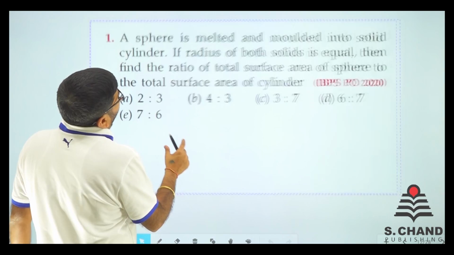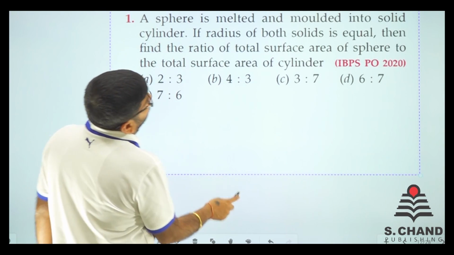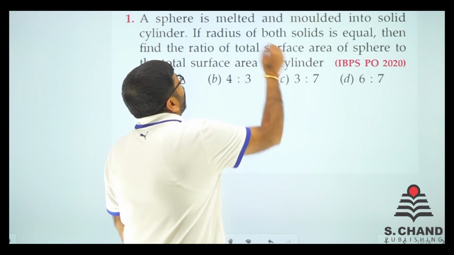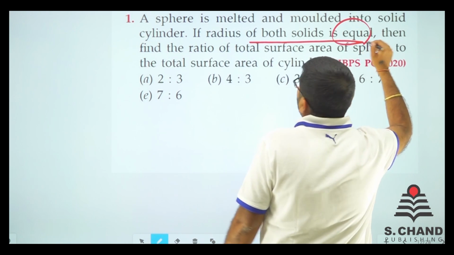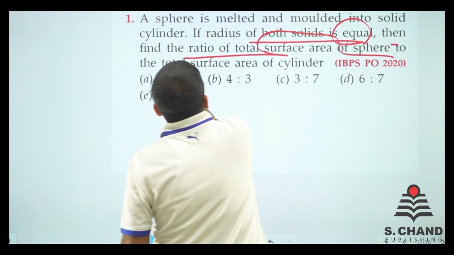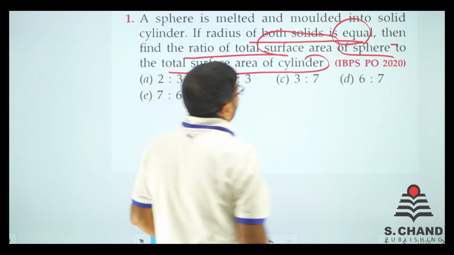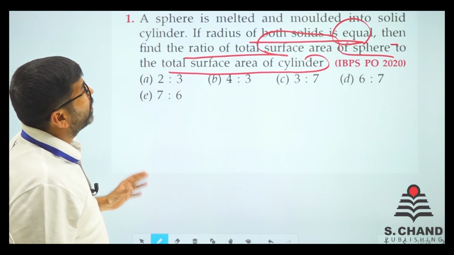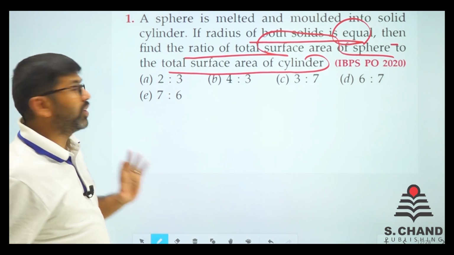We have a sphere that is melted and molded into a solid cylinder. If the radius of both the solids is equal, then find the ratio of total surface area of sphere to the total surface area of cylinder. Let's see. A sphere is melted and molded into a solid and the radius is same.